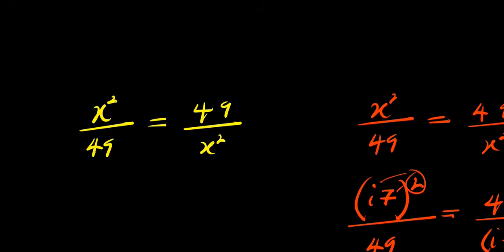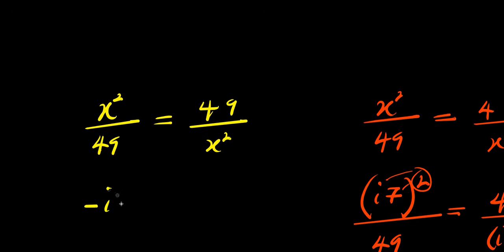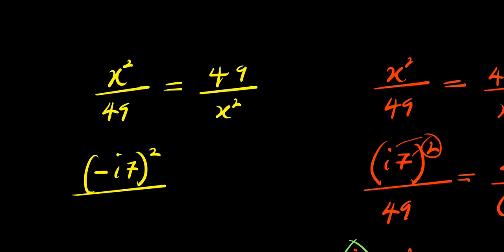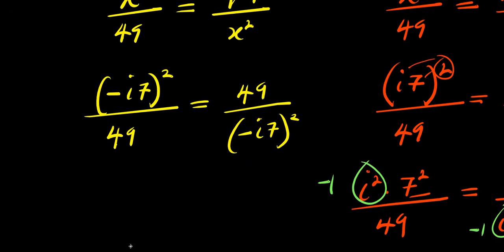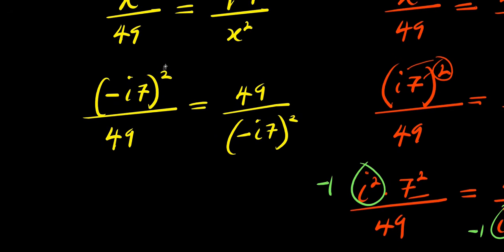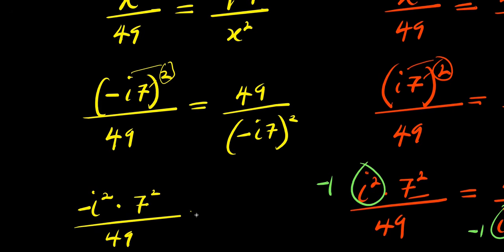Our x is negative i times 7, so negative i times 7, raised to the power of 2, divided by 49 equals 49 divided by negative i times 7 raised to the power of 2. We can as well distribute this to each of the terms here. So we have negative i squared times 7 squared divided by 49 equals 49 divided by negative i squared times 7 squared.